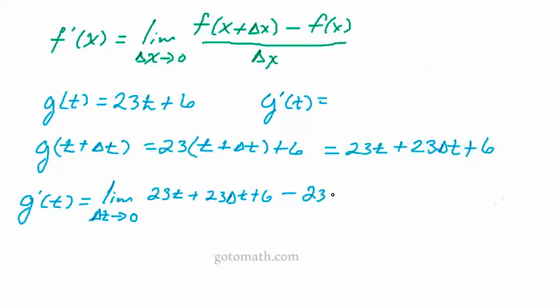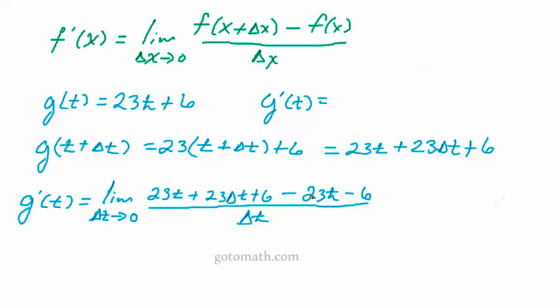So we have 23t minus, I'm distributing the negative across, so we're kind of skipping that step, right? Distribute the negative across there, right? This minus sign. And that's all over delta t. Okay? So now what can we do?